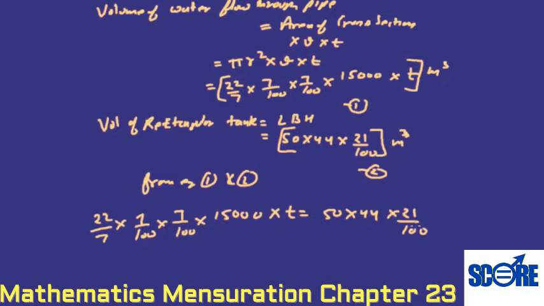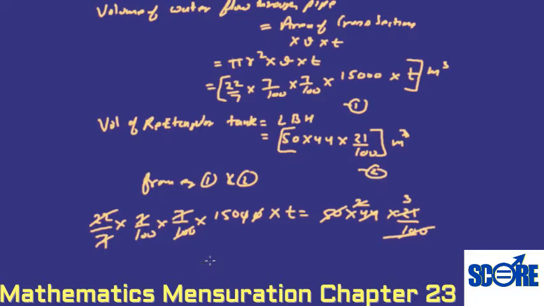Now we cancel all the common terms. First of all, 100 and 100 get cancelled. Now this 7 is cancelled with this 7. Now 22 is cancelled with 44 two times. Now 50 into 2, that is 100, is cancelled with these two zeros. Now 7 and 21 get cancelled three times.